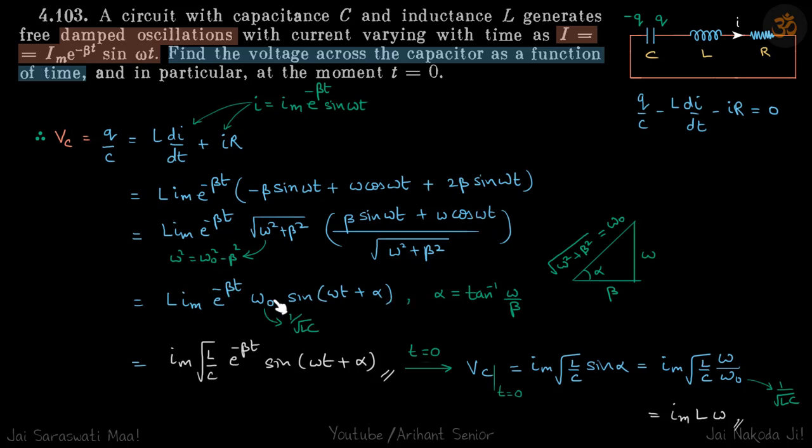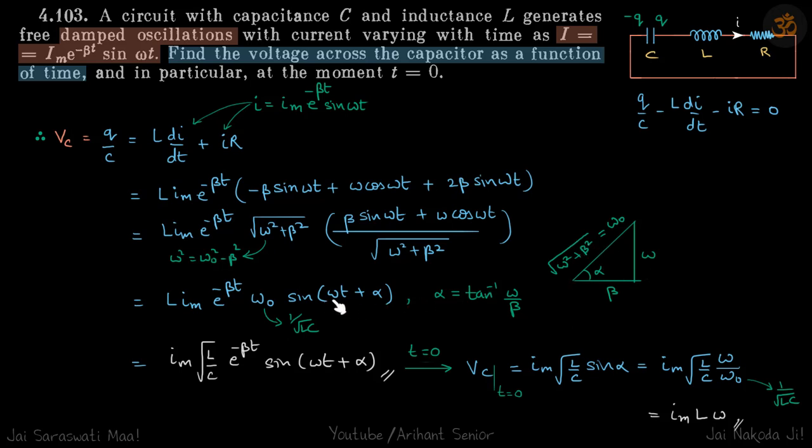So already we see that this is a more comfortable term for us rather than giving the answer in this form. So what is the alpha here? From here you can see, if we take beta upon root omega square plus beta square as cos of alpha, then omega upon this is sine of alpha.